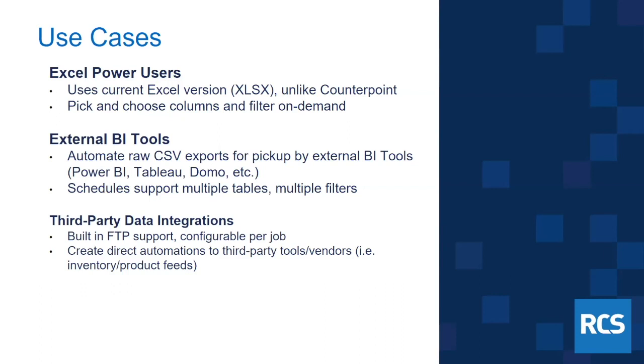So any table or column that's available in the database, you can filter by. If we're thinking about customers, you can filter by last sales date or customer type or loyalty program. For tickets, you can filter on business dates, and there are flexible filters there for anything that you want to export.